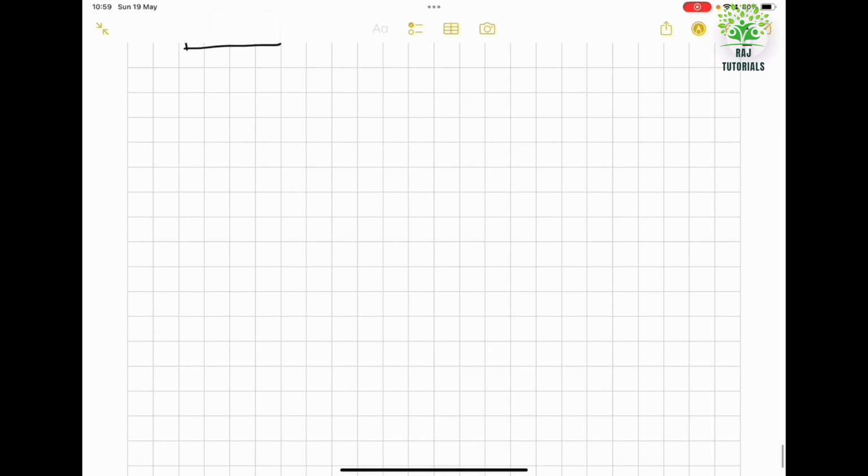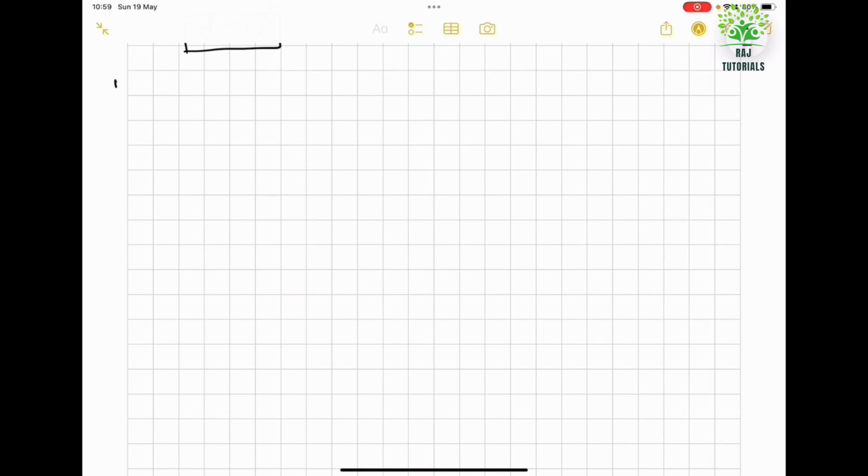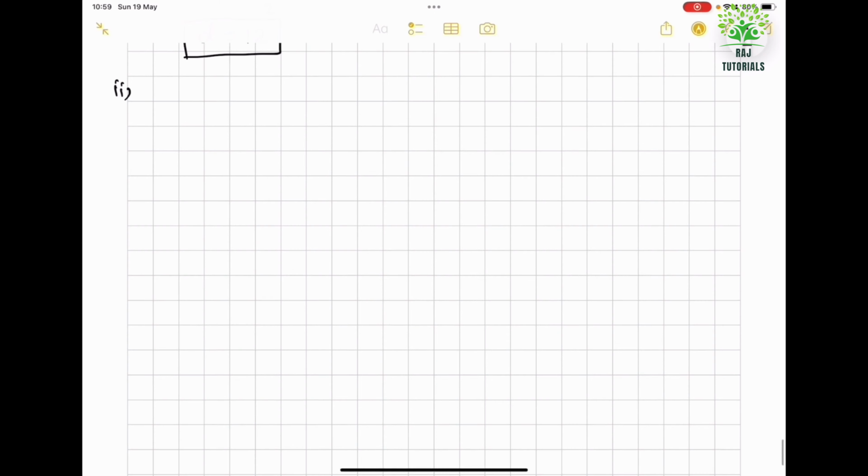Now the second one, it says box, 13, box, 3. So A1, A2, A3, A4. Now see here what I know.